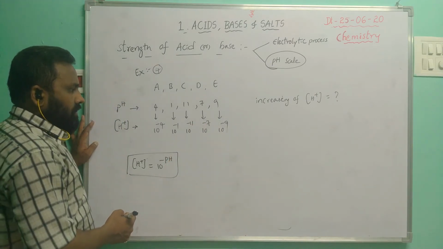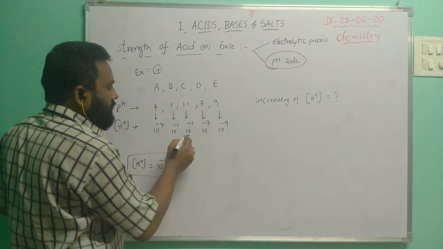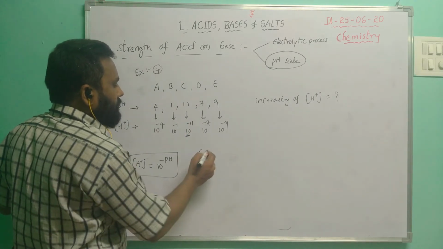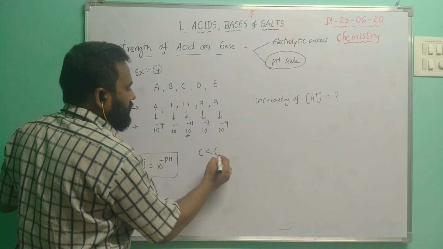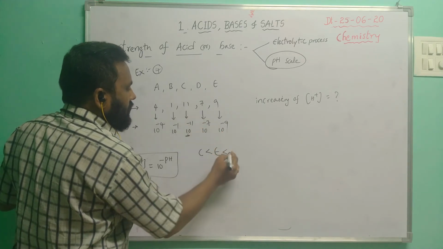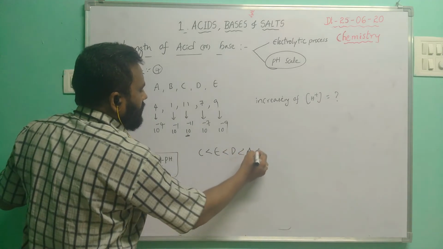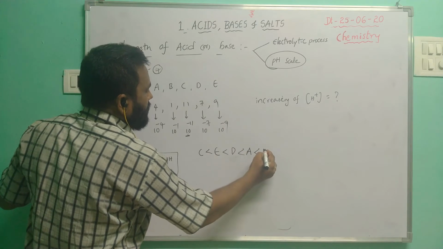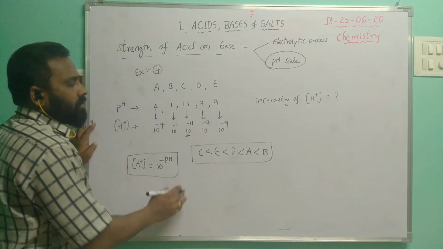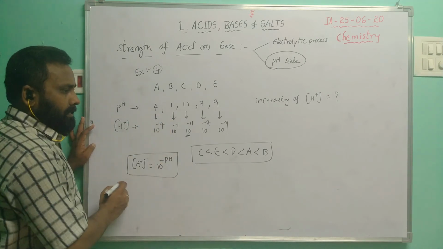Here the H plus ion concentration is very low for sample C, then E, then D, then A, then B. So this is the increasing order of H plus ion concentration of these five samples.